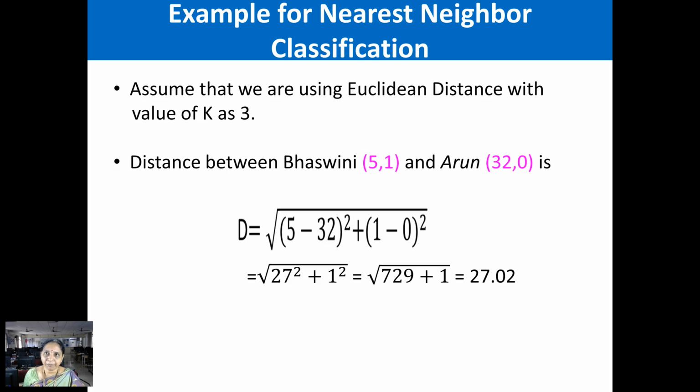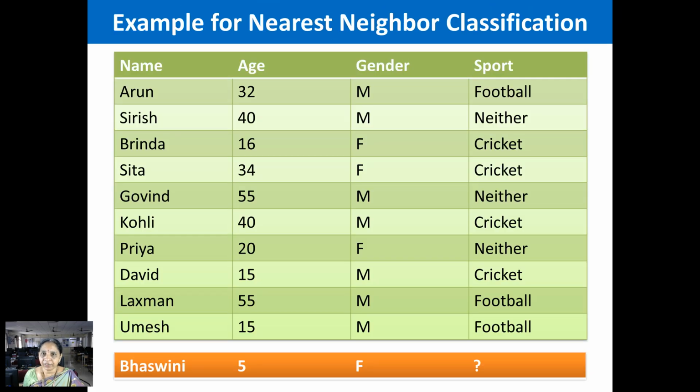For example, between the Baswini record and the first record, that is Arun. Baswini has the values 5 and female, and Arun has the values 32 and male. In order to calculate the distance, I need to have all the attribute values as numeric. So the first thing I need to do is convert the gender into numeric.